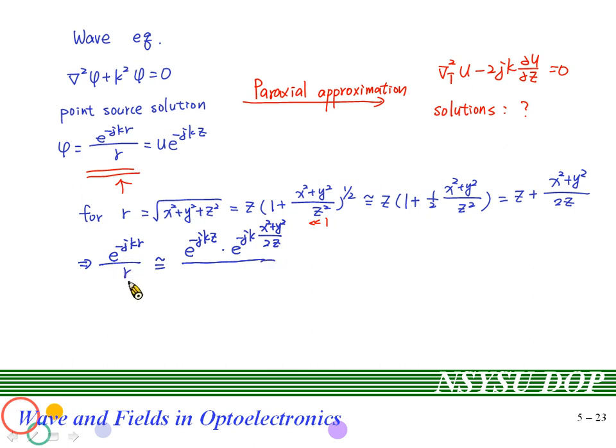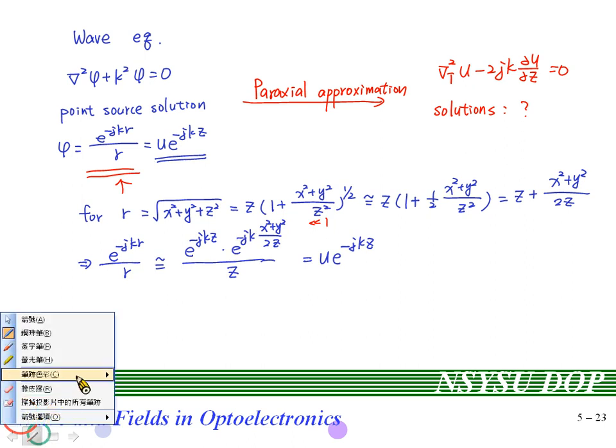And here, because z is very large, r can be approximated as z. And I have said, under the paraxial approximation, the field can be written in this form. So, compare with these two.